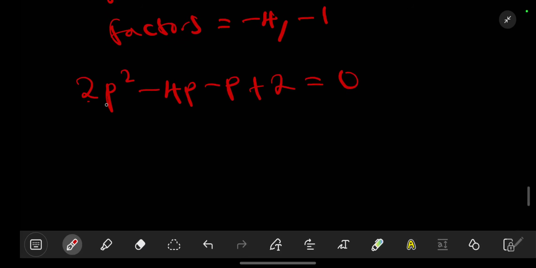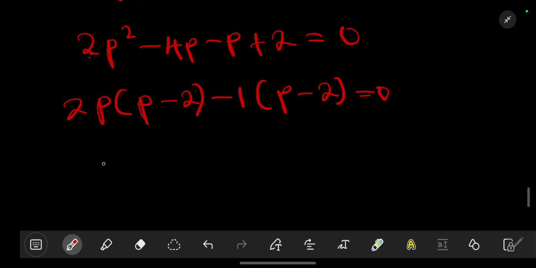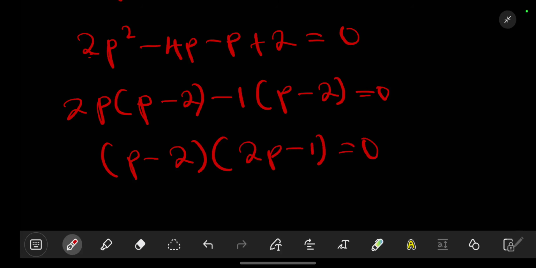So factorizing in parts, 2p is common and -1 is common, so we have p minus 2 minus 1, open brackets, p minus 2 like that. If we eliminate the -1, it should be equal to 0. So we have p minus 2 and 2p minus 1, which is equal to 0.